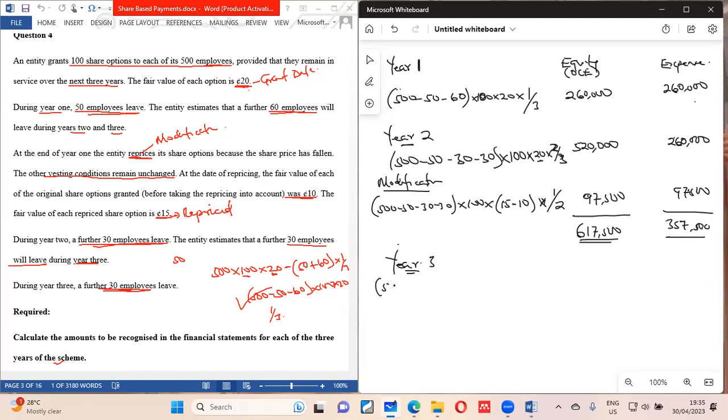So we will have 500 minus the 50 that left over here. Then how many left in this? 30. Then minus 30, right? Yes, please. All right. So 50, these people leaving, we don't need the estimate.